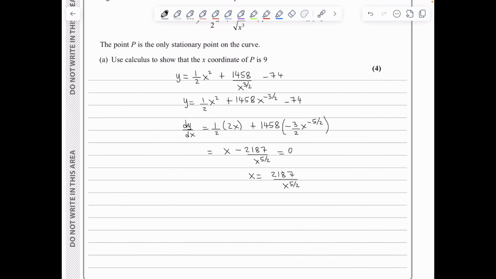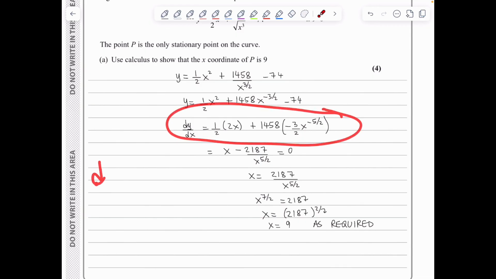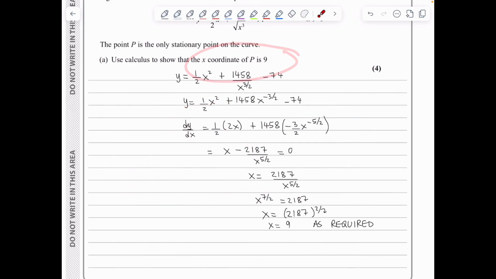I will cross multiply to get x to the 7 over 2 is 2,187, which means that x is 2,187 to the power of 2 over 7, which gives a value of 9 as required. Alternatively, once you have found the expression for dy dx, you could have evaluated dy dx at x is 9 and show that this leads to 0, therefore concluding that the x-coordinate of P is 9.